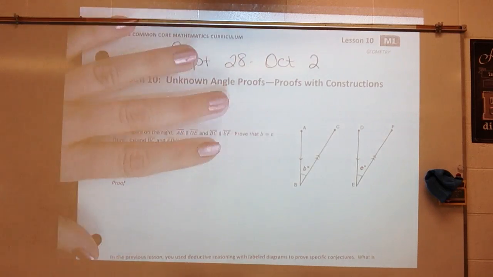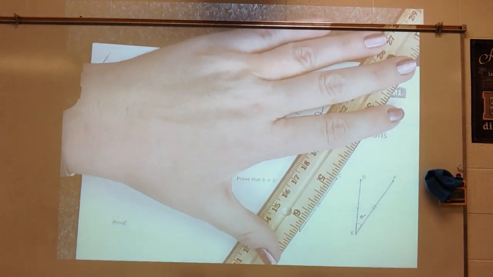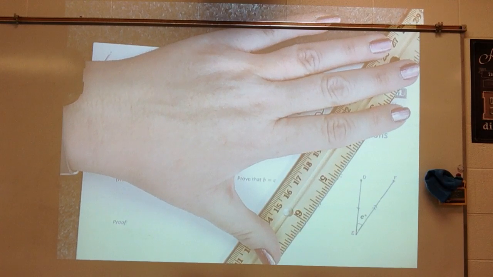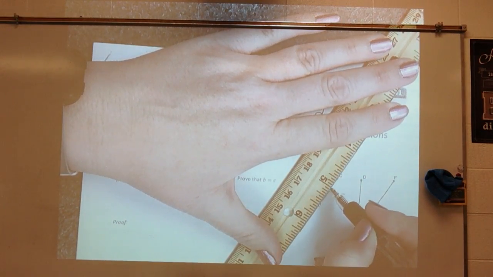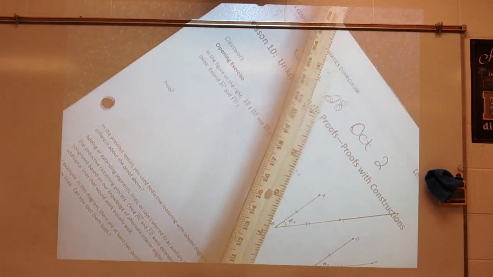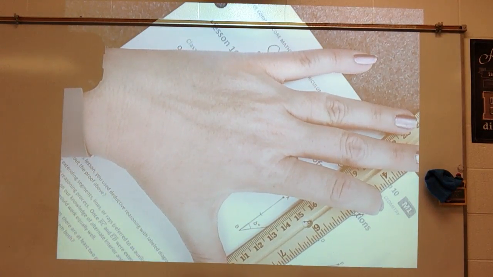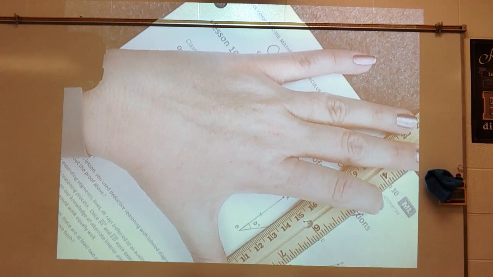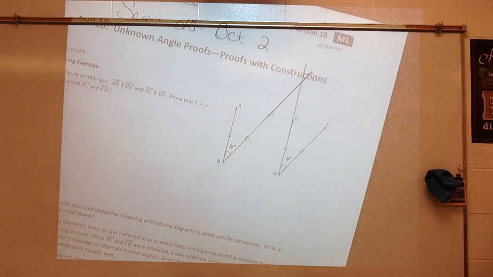All right, so if I do that, and you don't have to take a ruler and do that, you can do it just however, but I kind of like to take my ruler because I want to make sure that I see what it's telling me to do. And if I extend that, look what I notice. They come together at a point.